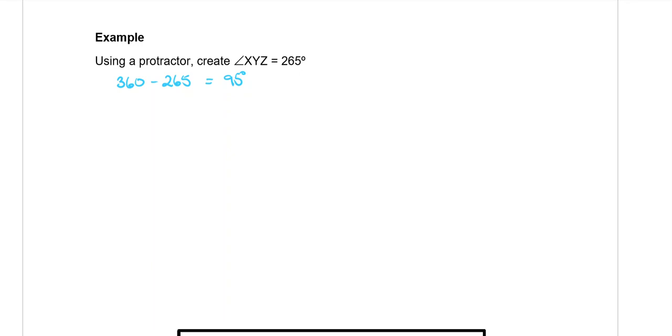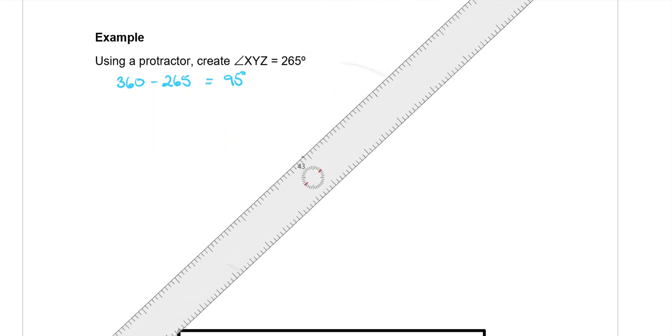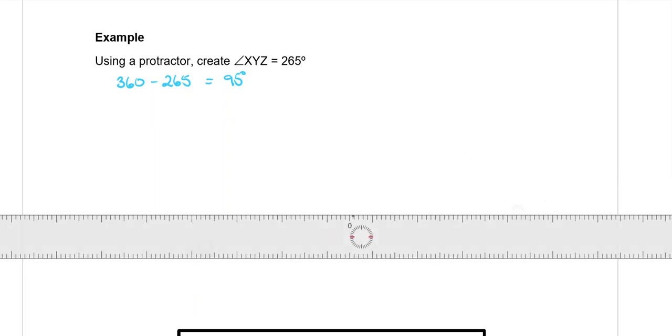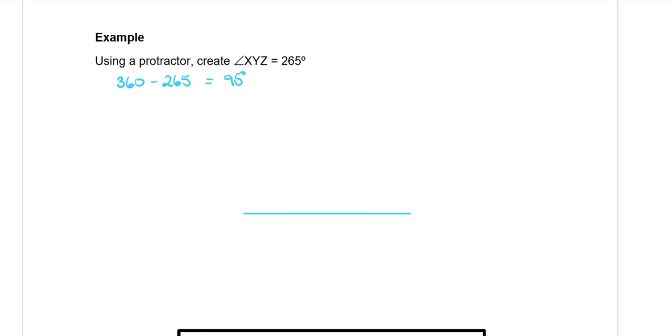And I'm going to measure a 95 degree angle instead. So using my ruler, I'm going to draw a bottom arm. Then, you can't see this unfortunately, but I'm going to line my protractor up on that bottom arm and put a little dash where the 95 would be, which is there.